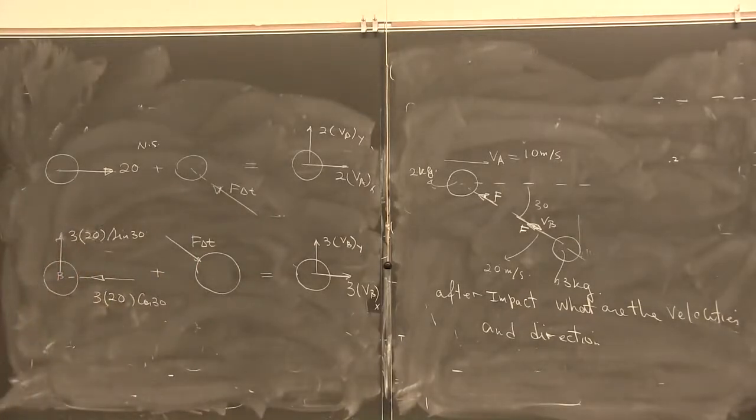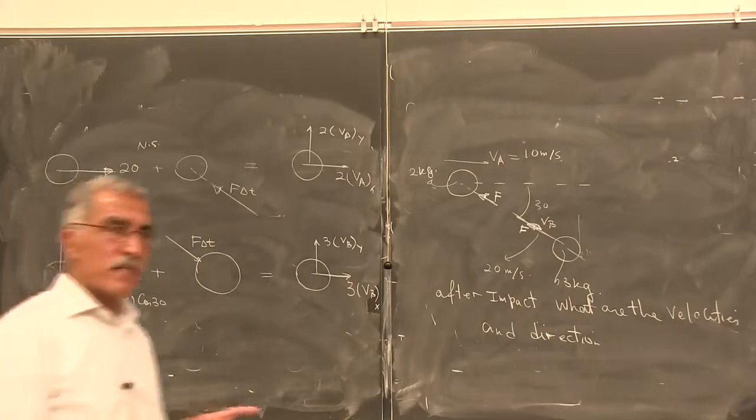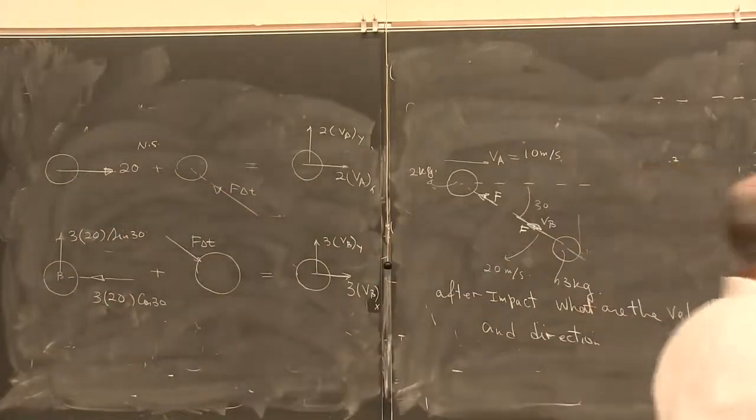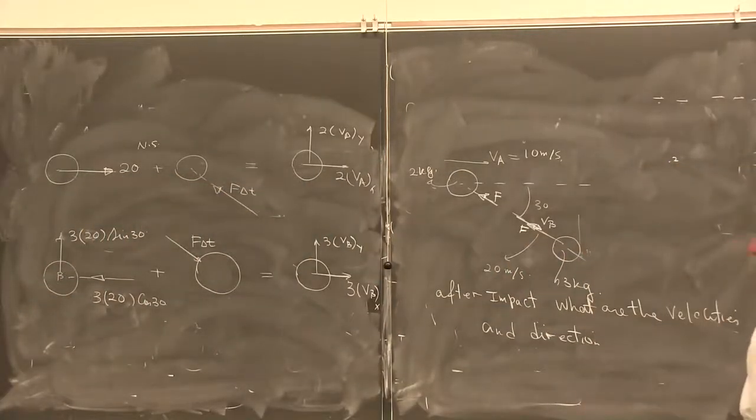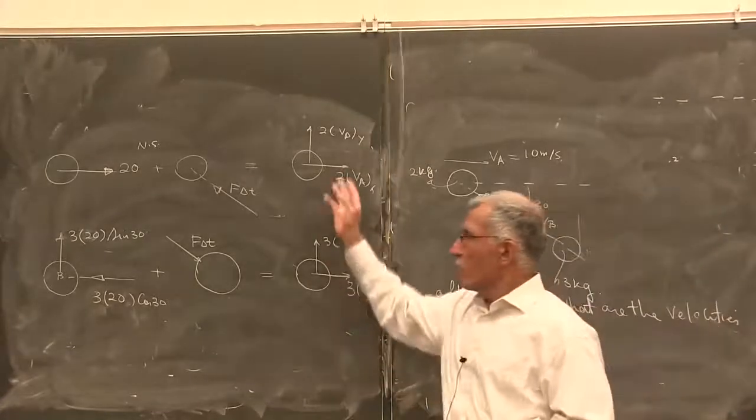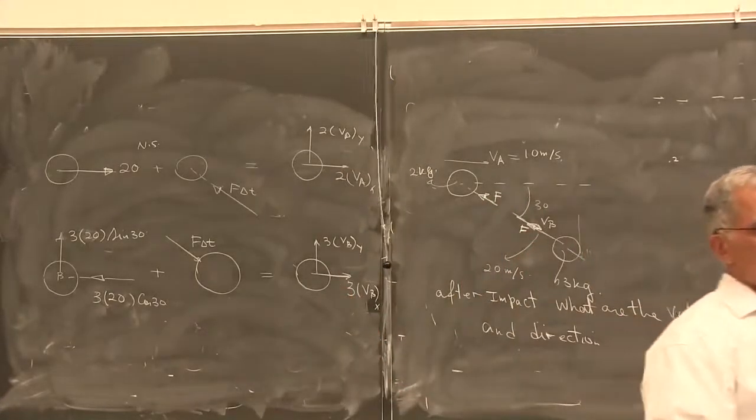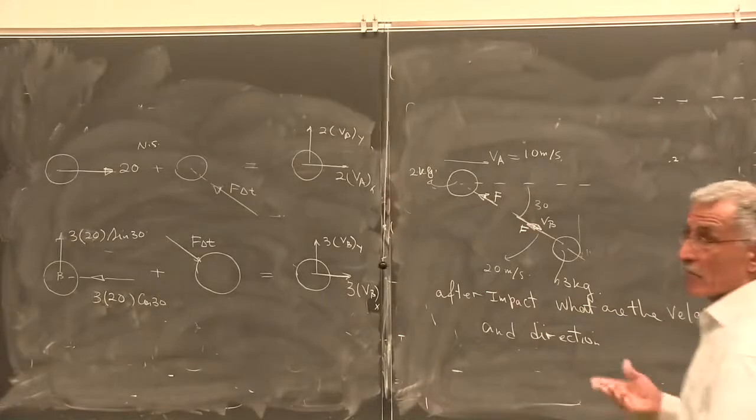Very, very simple. You make a picture, and if you understand what is happening according to impulse and momentum, of course you have 4 unknowns that you have to obtain.